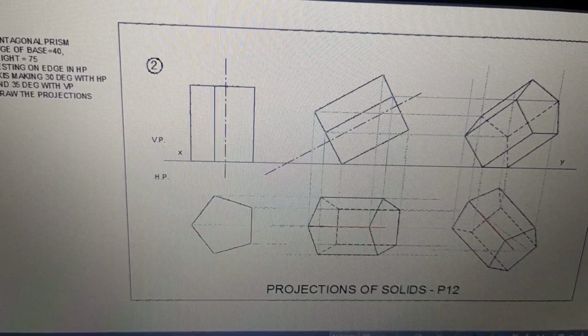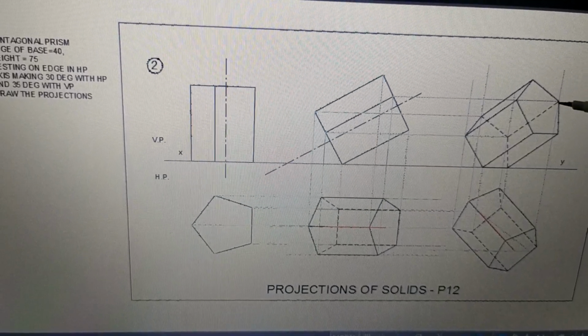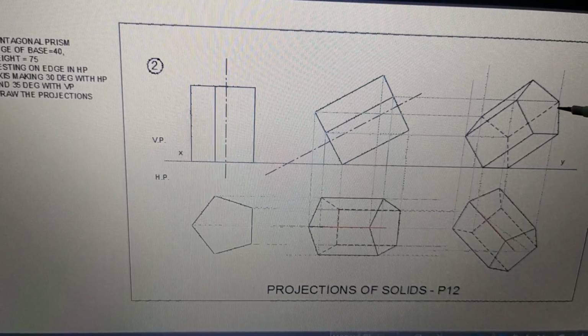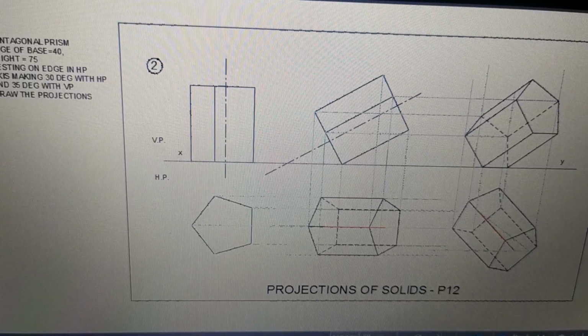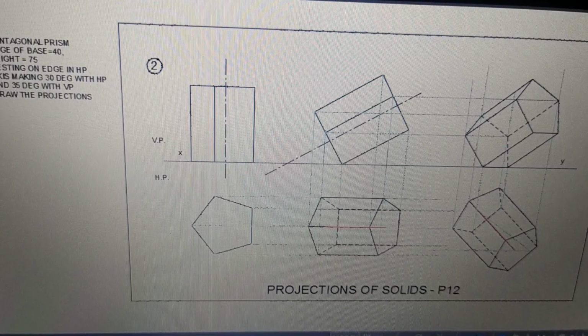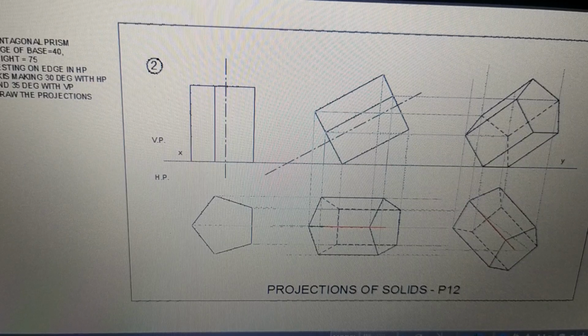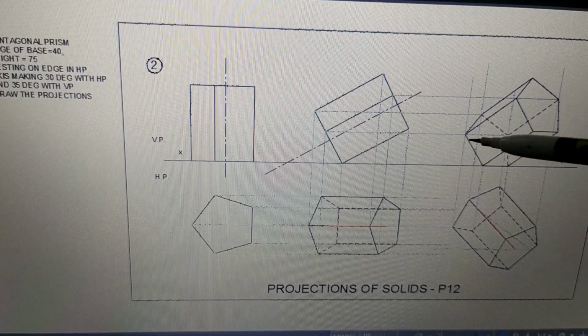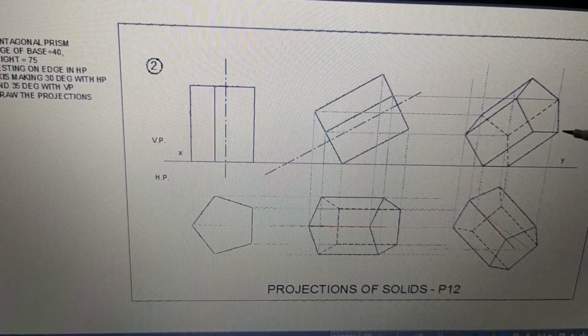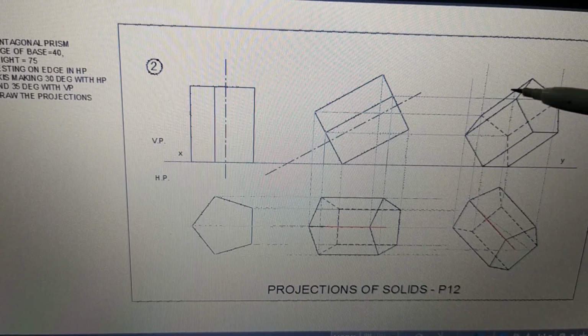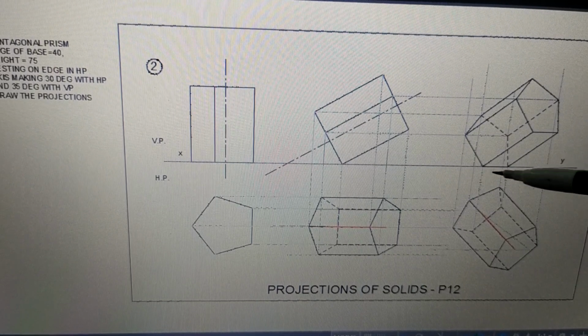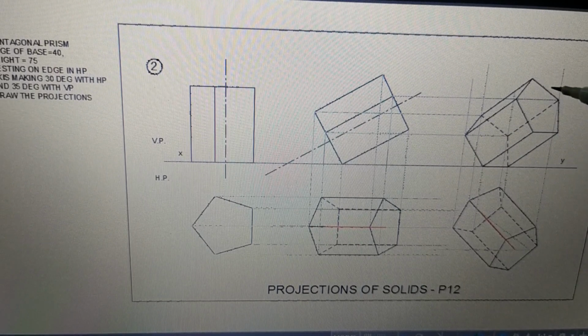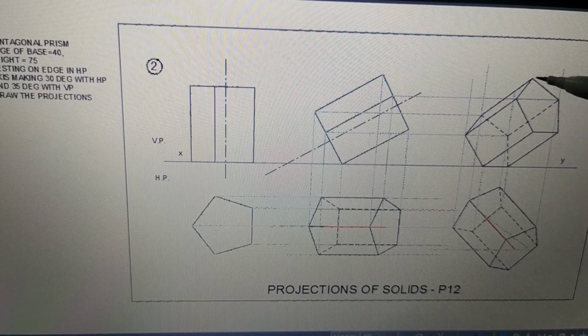The only thing is which line is continuous and which line is dotted, that is to be decided. Now how do we do that? We decide that by first finalizing the outline. Whatever are the outermost lines can never be hidden, so you can draw all these lines as continuous lines.